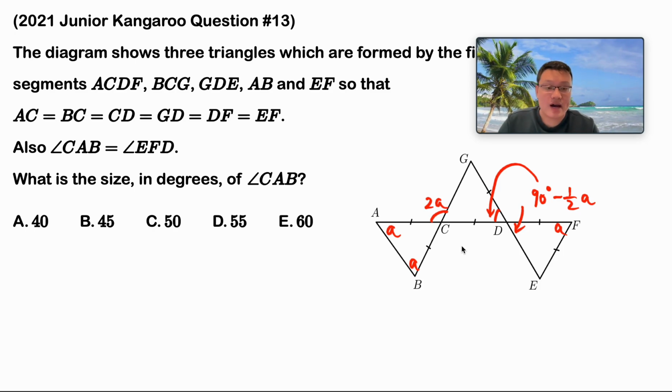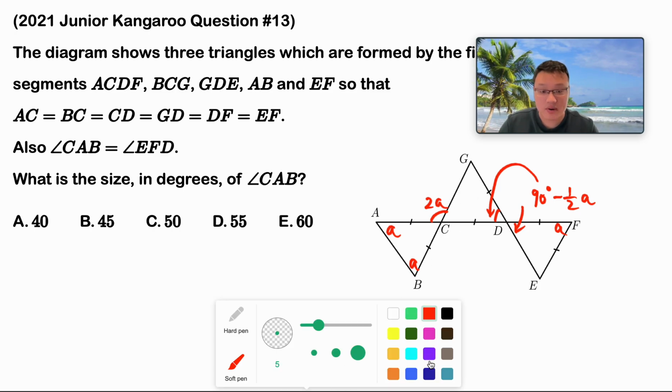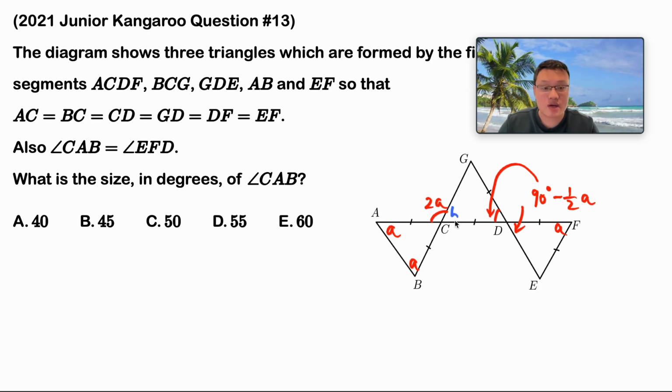And now, what do we have? We know that GCD equals DGC, because this is an isosceles triangle as well, right? So you can call this one B, this one B. So, guys, we can have some equations here.